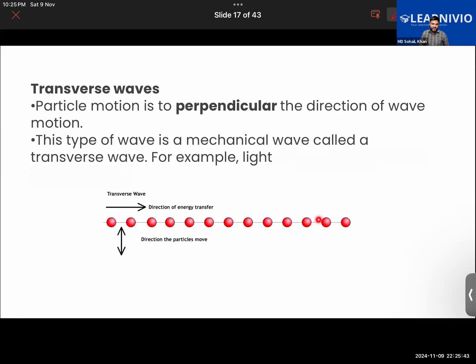And look at the particles of that medium. The medium could be air, water, or solid. Are they not jumping perpendicular to the direction of the wave? The wave is moving like this, and the particles are jumping like this.